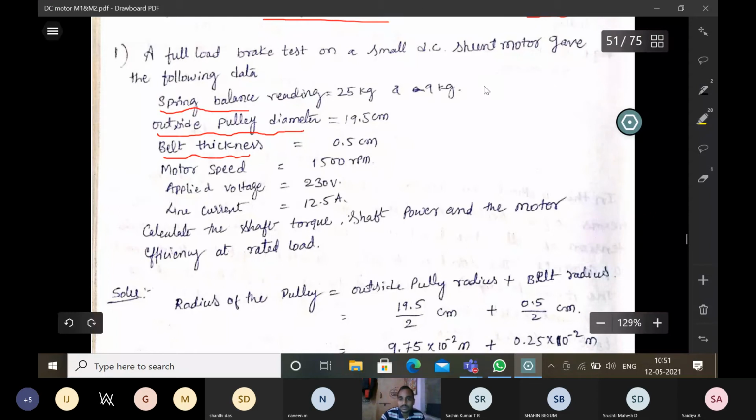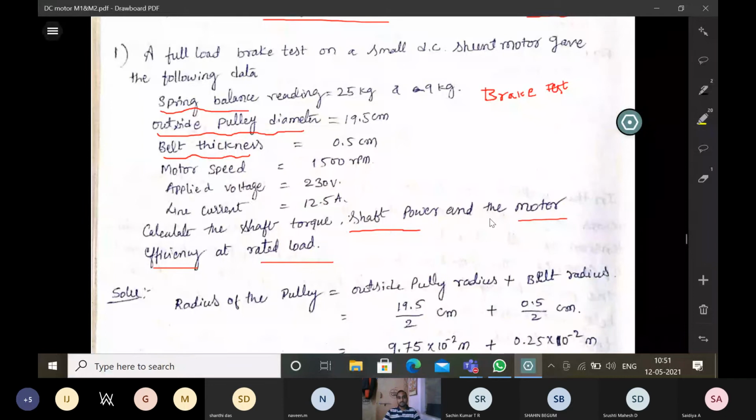So definitely here the brake test is conducted. You have to use the formulas of the brake test to calculate the shaft power, motor efficiency, and rated load.